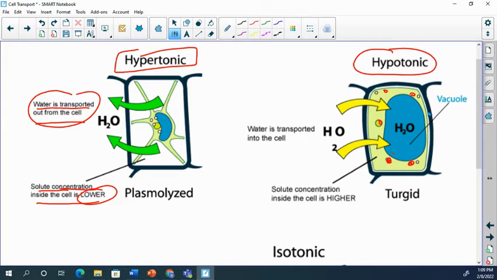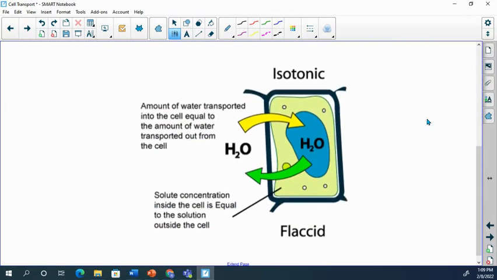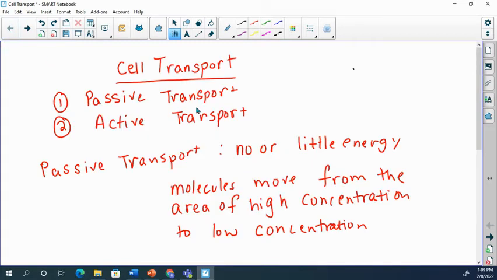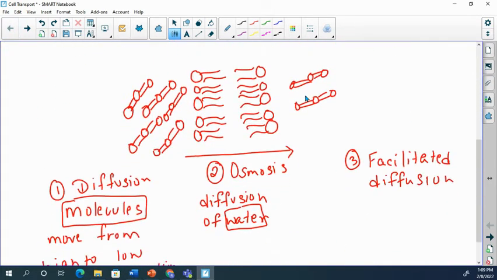So to reach equilibrium, water goes in to dilute the solution. Isotonic is when the amount of water transported into the cell is equal to the amount of water transported out from the cell. The solute concentration inside the cell is equal to the solution outside the cell. So these are the three examples of osmosis.